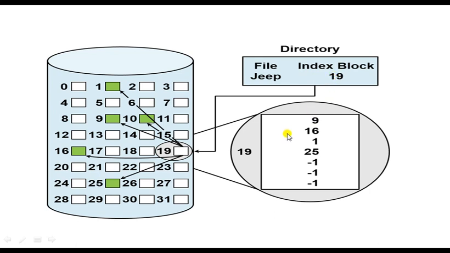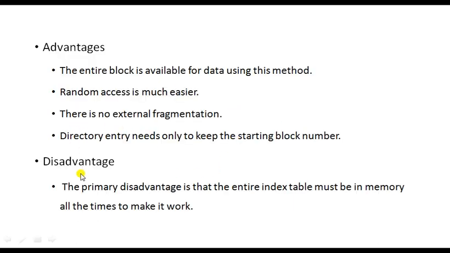That means if you want to do any operation with this file, until the completion of the operation, this block should be available in the primary memory. How is it a disadvantage? One block of memory has to be maintained in the RAM, and RAM size is very small when compared to the secondary storage. So that sometimes decreases performance. If the block size is more, it sometimes leads to performance degradation.